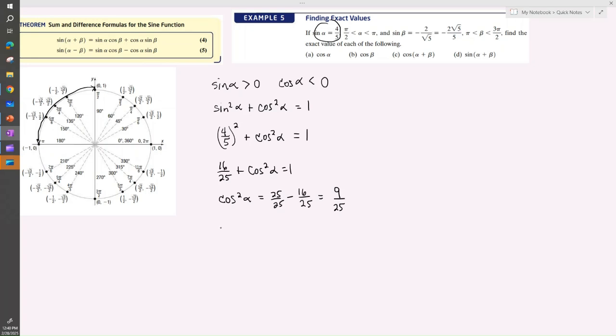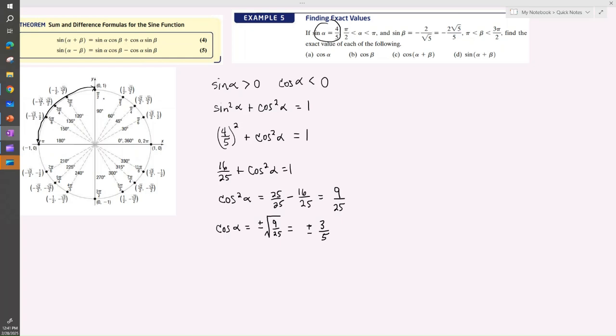Okay, now that means that the cosine of alpha is equal either to the positive or the negative result of the square root of 9 over 25. So that's a positive or a negative result, 3 over 5. Now we know which one it is because of this.